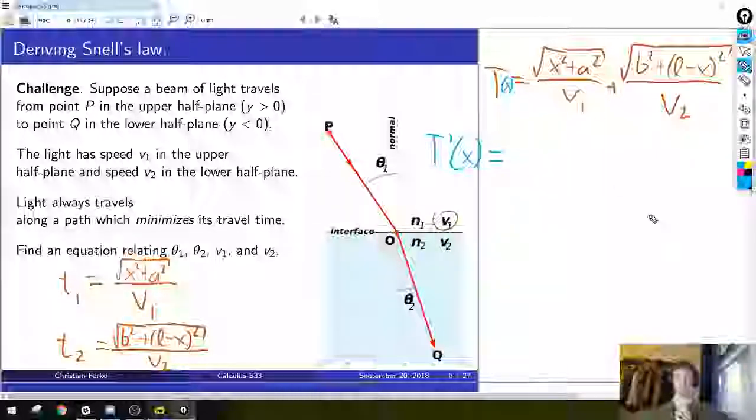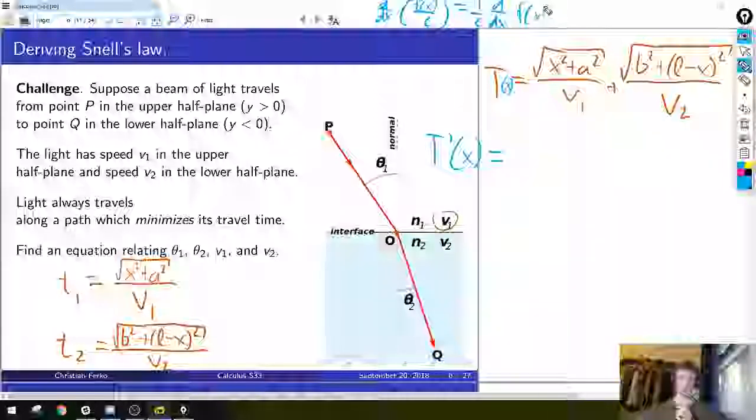No, you could just say, the derivative of some function f of x over a constant, you just pull out the constant. You say that's 1 over c times the derivative of the function itself. So we don't need the quotient rule. Just take the derivative of the numerator and multiply the whole thing by 1 over v1, right? So we're going to take the derivative of the top.